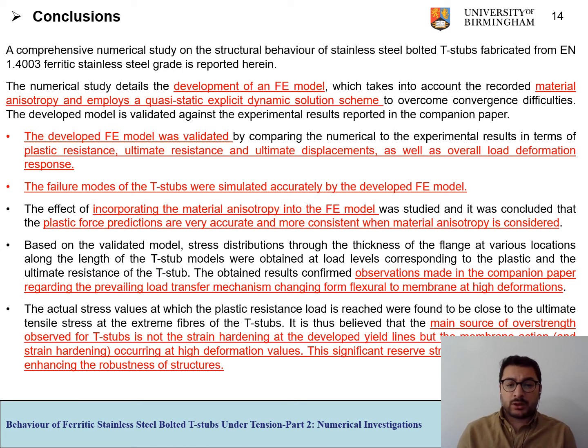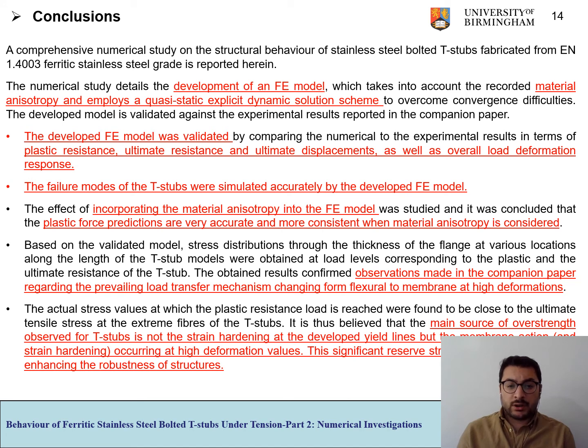Based on the validated model, the stress distribution through the thickness of the flanges at various locations along the length of the T-stub was obtained at load levels corresponding to the plastic and the ultimate resistance of the T-stubs. The observation made in the companion paper regarding the prevailing load transfer mechanism changing from flexural to membrane at high deformations was confirmed.